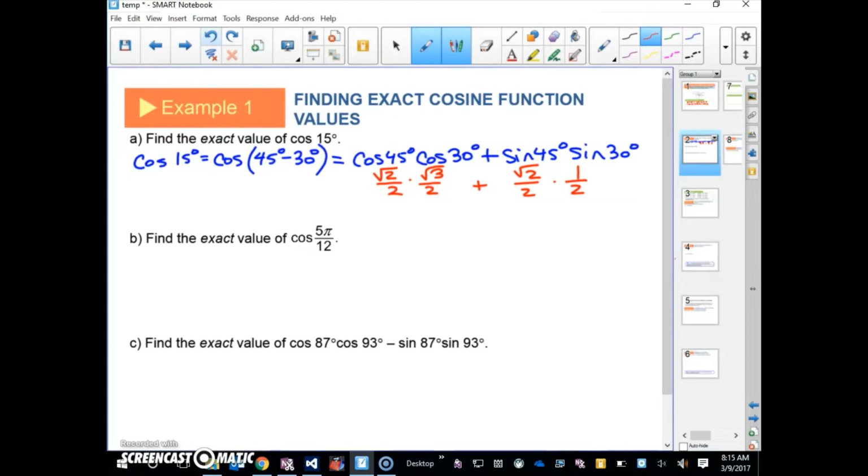If we clean this up, we have square root of 6 plus the square root of 2, over 2 times 2 is 4. The exact value of cosine 15 degrees is the square root of 6 plus square root of 2 over 4.